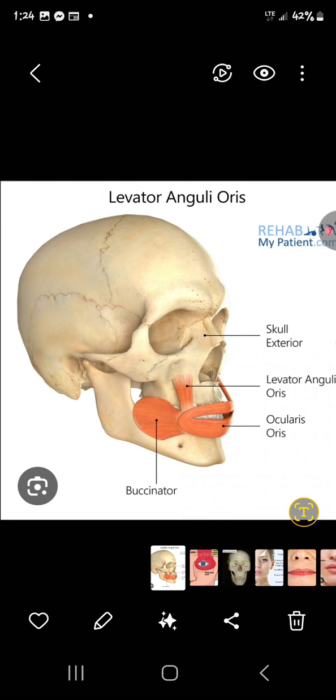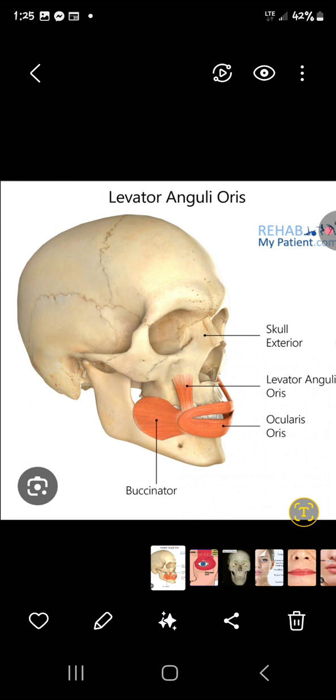This is the muscle of facial expression, which elevates the angle of the mouth, hence levator anguli oris, elevates the angle of the mouth. This muscle emphasizes the presence of the nasolabial fold and angulus oris eminence. Eminence means a protrusion, projection, or prominence.